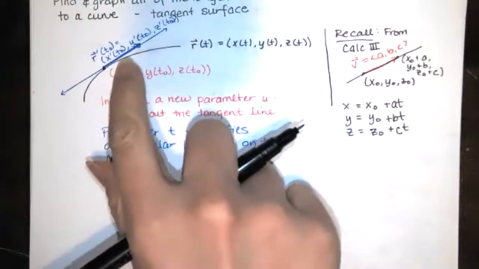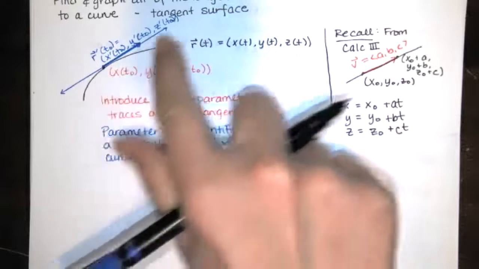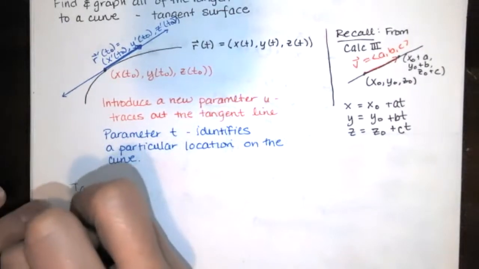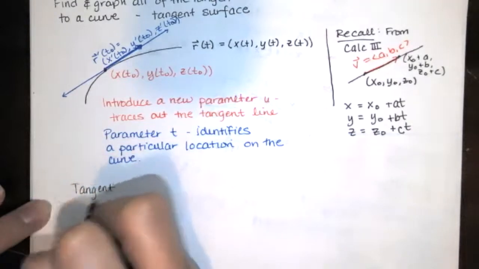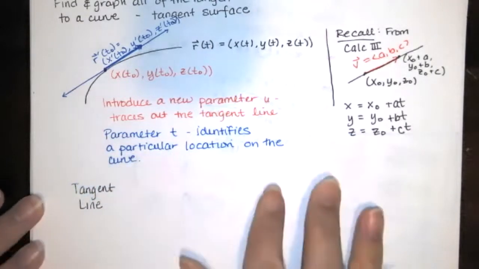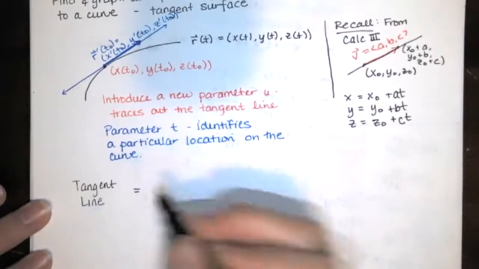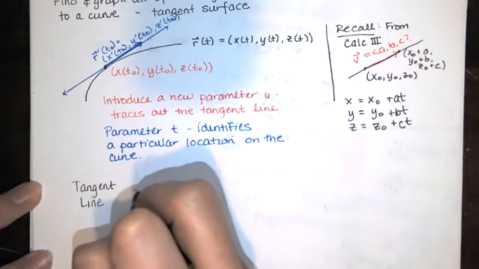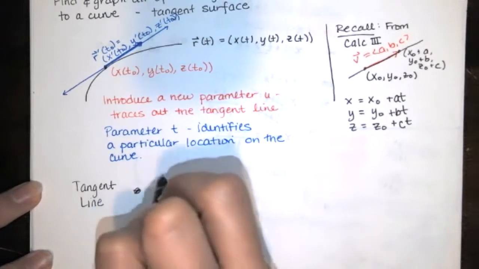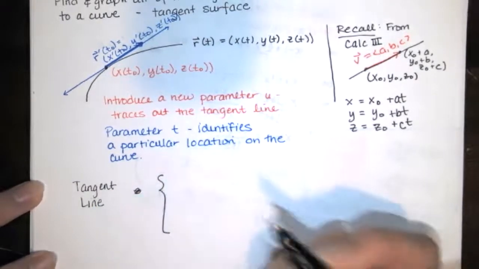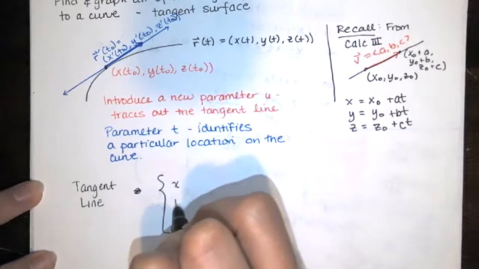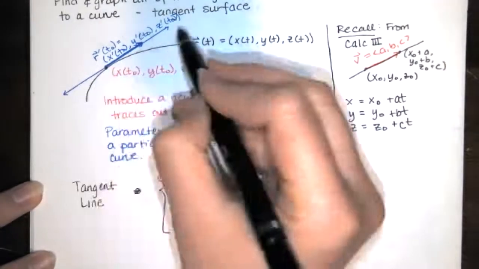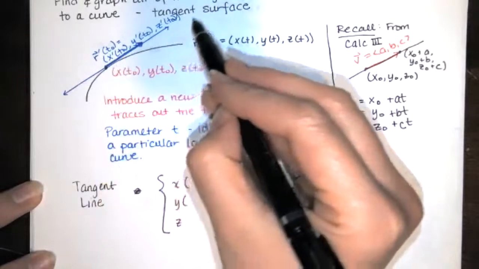So if I want to come up with the equation of this tangent line, well, actually, let's just come up with the parametric equations for the tangent line. I would need my x, y, and z to be functions of the parameter u. As u increases, we trace out this side of the line.